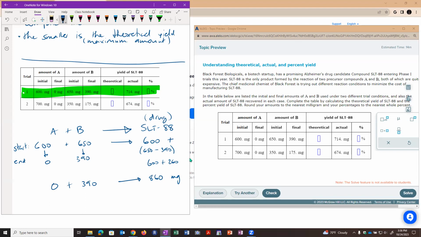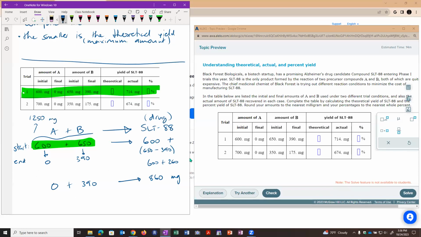Now, if you think about this, it should make sense because in a chemical reaction, you cannot create or destroy matter. At the start, all I have is just A and B. So these added together will give me 1,250 milligrams.